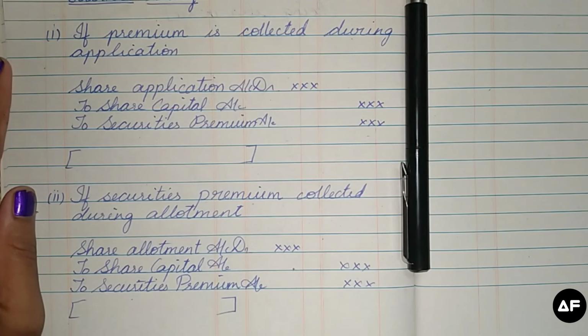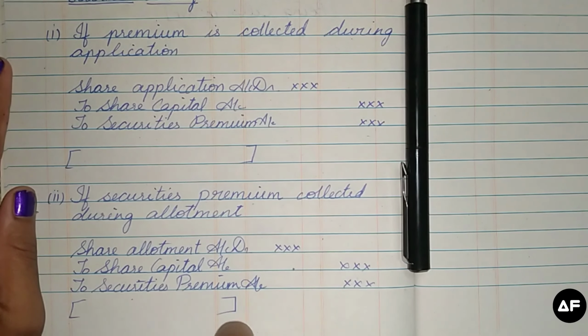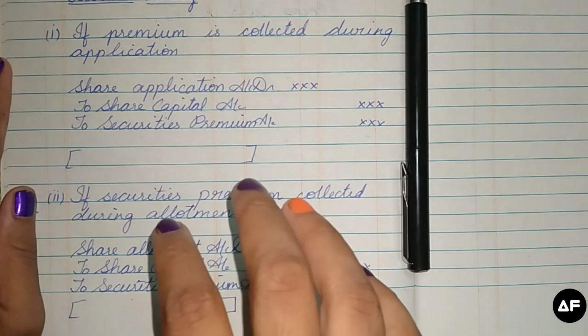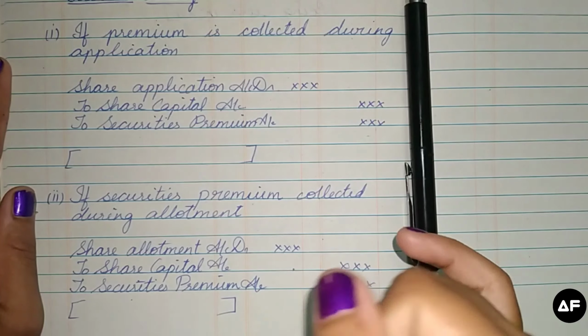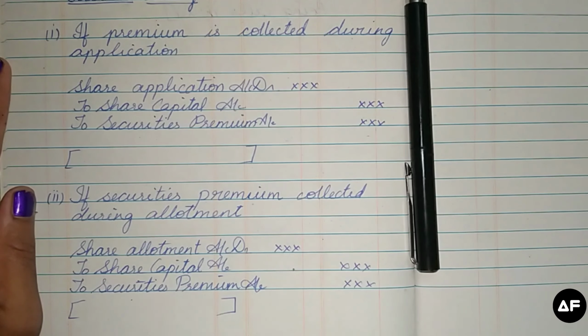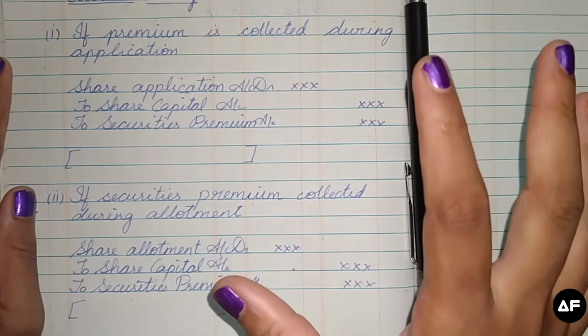After this entry, you will have the receipt of allotment, that is bank account debit to share allotment account. These are the two journal entries involved in shares issued at premium for the time being. When you have forfeiture and the shares have been issued at premium, you have a different entry which we are not going to see now.